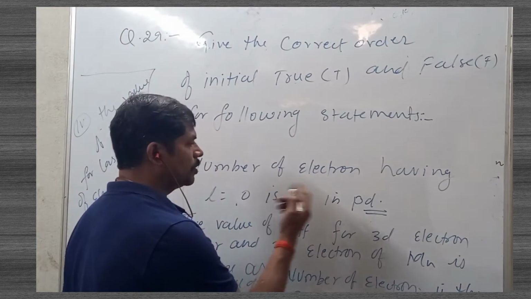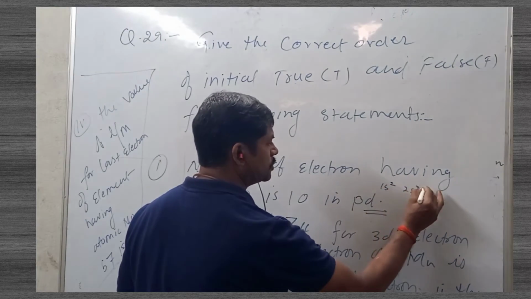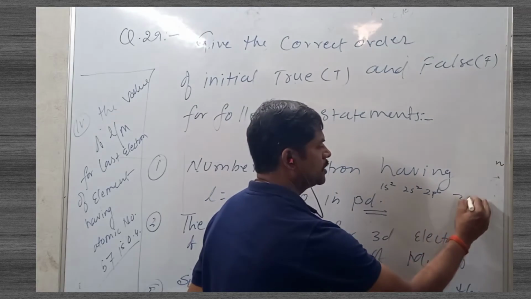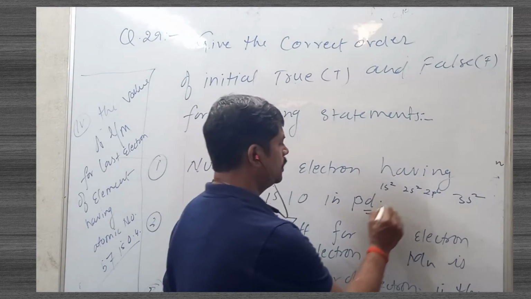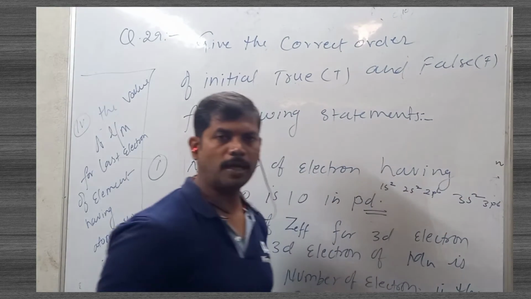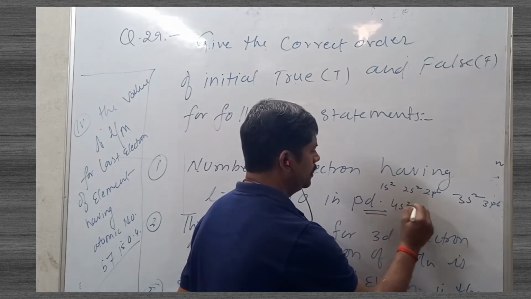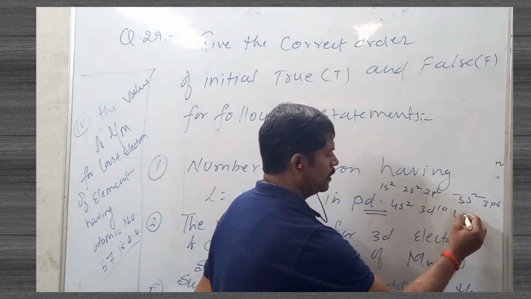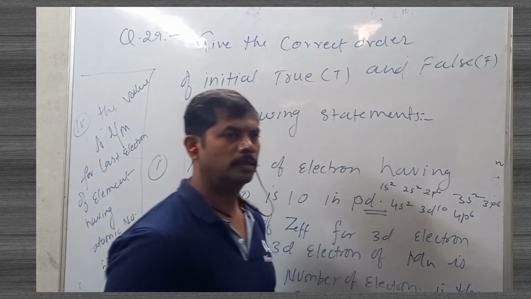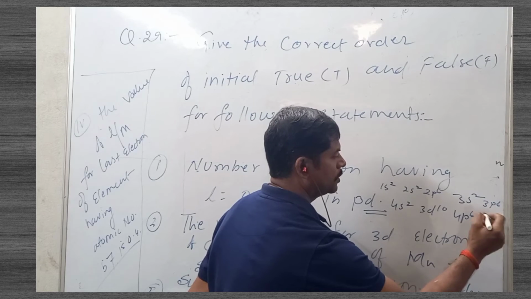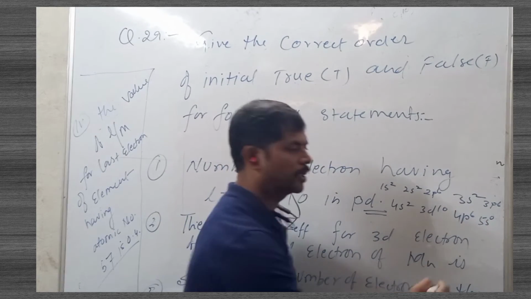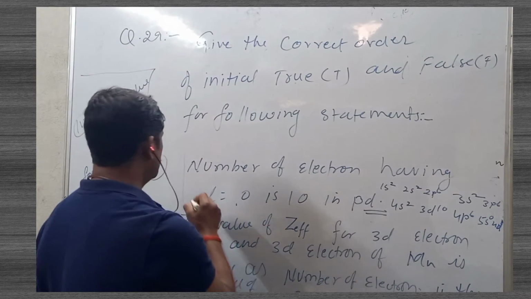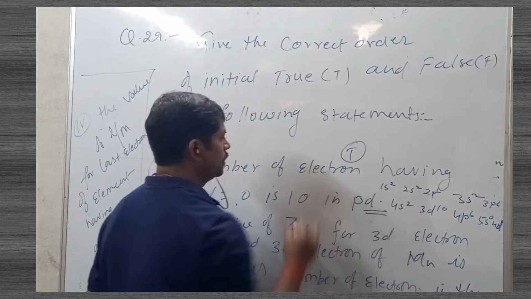Whenever we are talking about this, it will go 1s2, 2s2, 2p6, 3s2, 3p6, 4s2 and 3d10, 4p6, 5s0, and then 4d10. So this is the correct one, it means this is true.